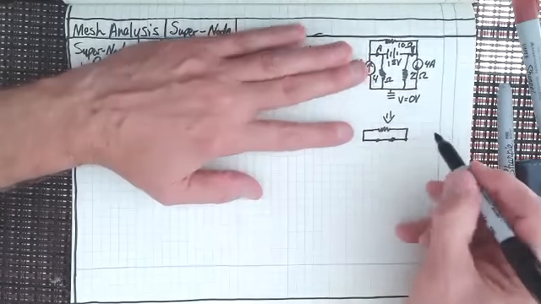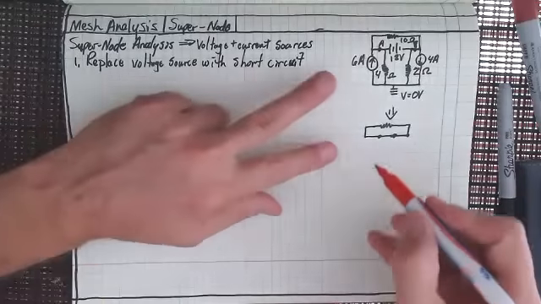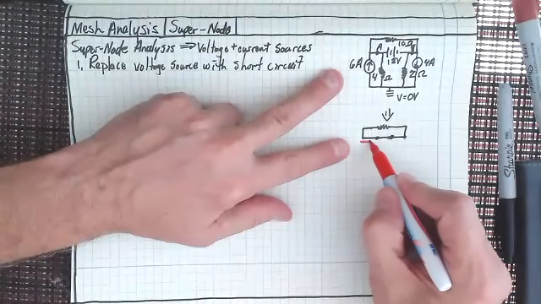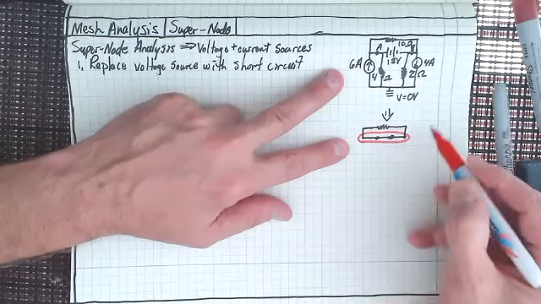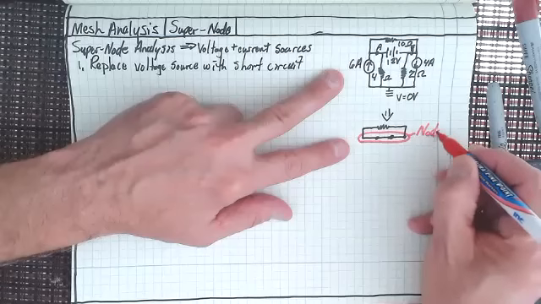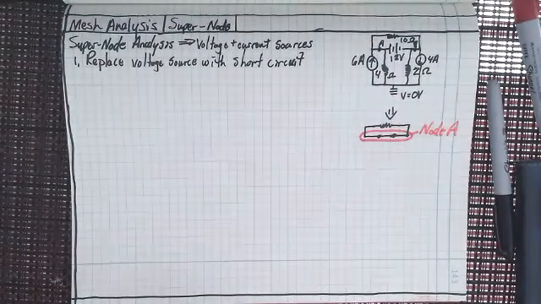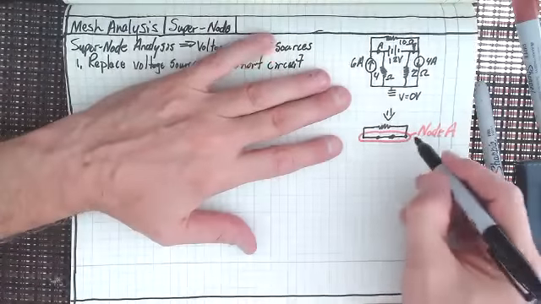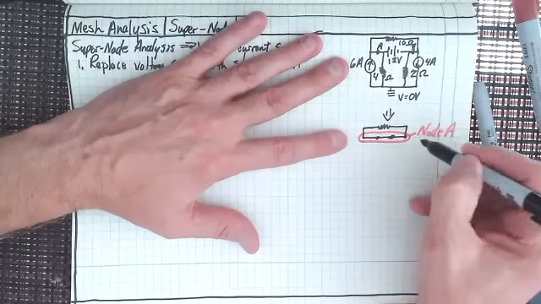I've just replaced that. Not only that, what does that do to that whole row? Right now, all of a sudden, this entire row here becomes one node. Let's call that node A, right? So that all becomes one node now because I've replaced the voltage source with the short circuit.